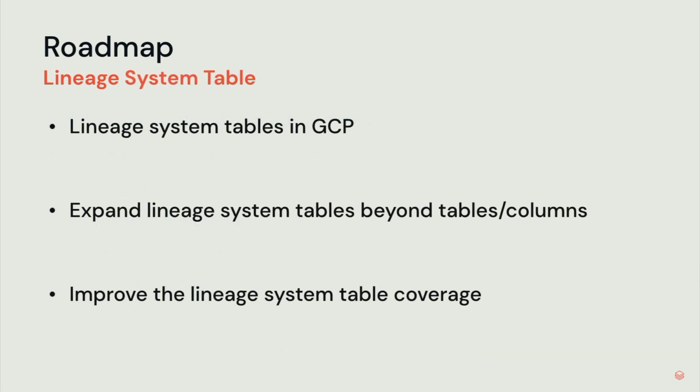On the system table side, we are going to do the lineage system table in GCP and keep expanding it beyond the table and the column to support AI workloads. And the lineage system table is not perfect now, and we will continue to improve its coverage and quality.